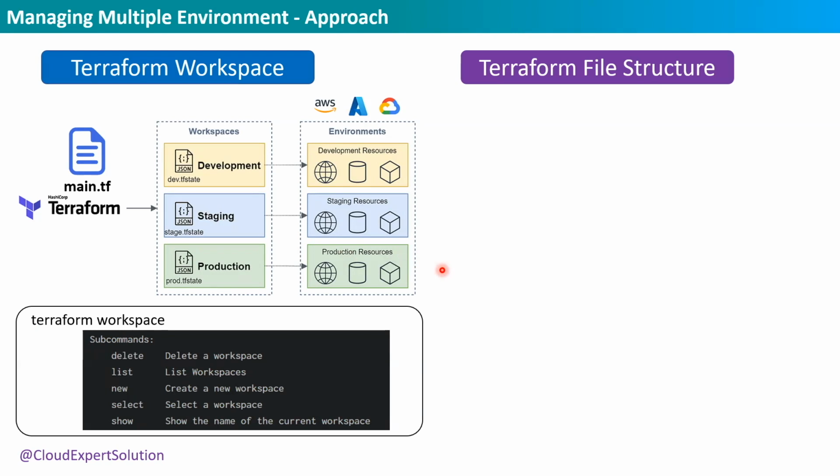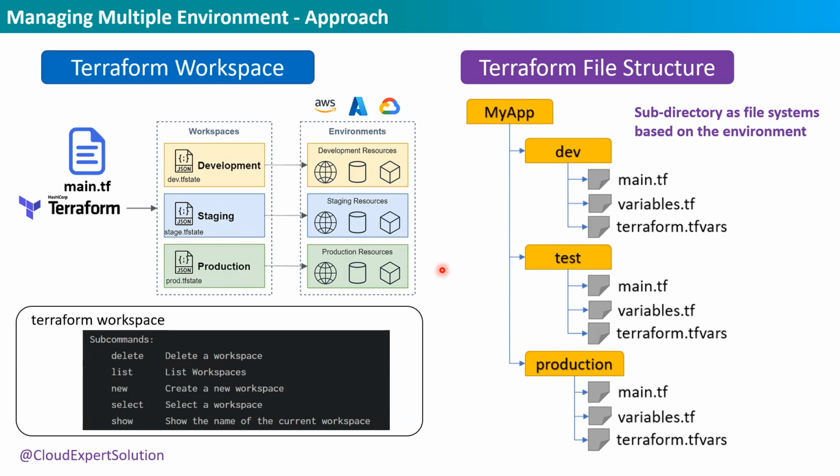With the Terraform file structure, as the name suggests, we are going to use a different directory structure and maintain different Terraform scripts for each and every environment. Now, the best practice is that you should maintain a separate file for resources and you should not hard code any variables or attributes like AMI ID, region, and all those parts.